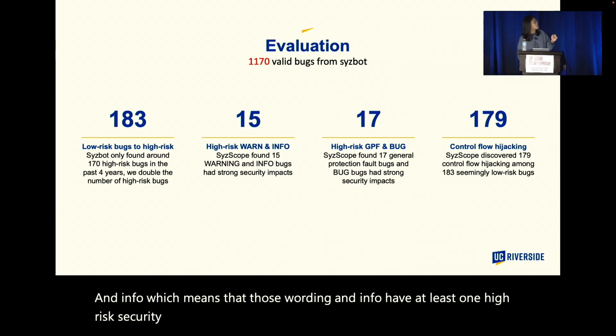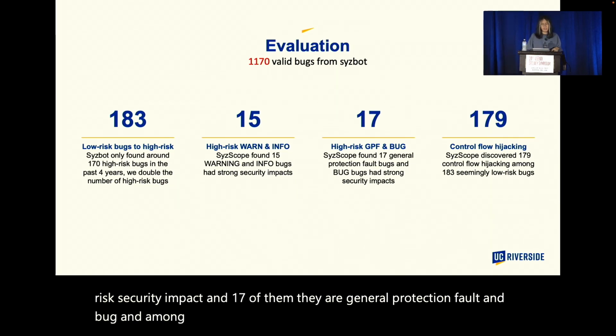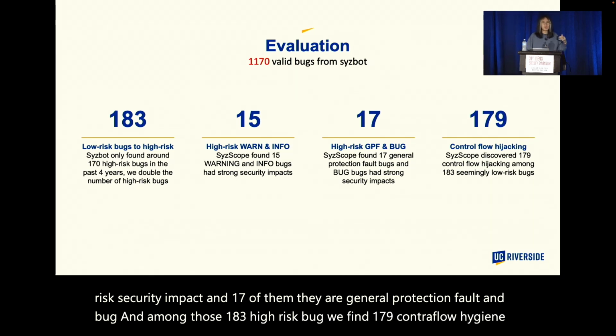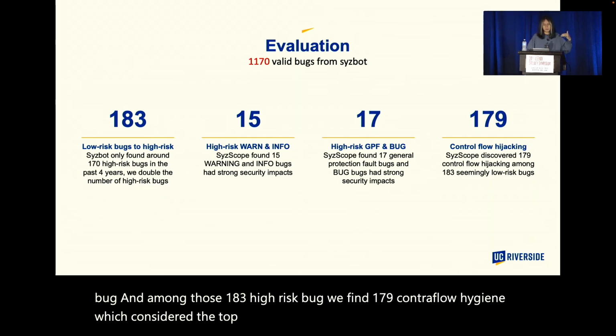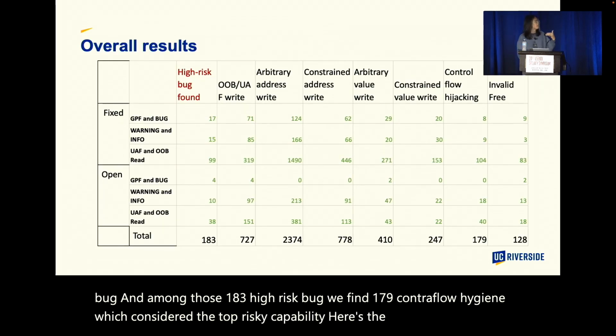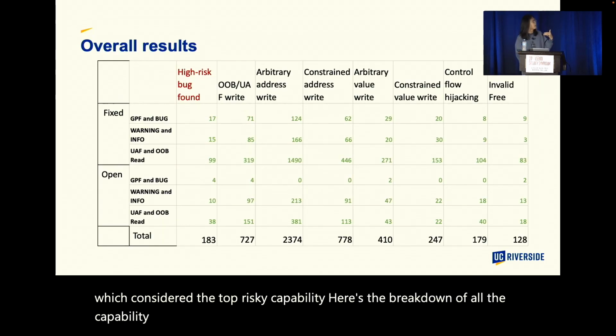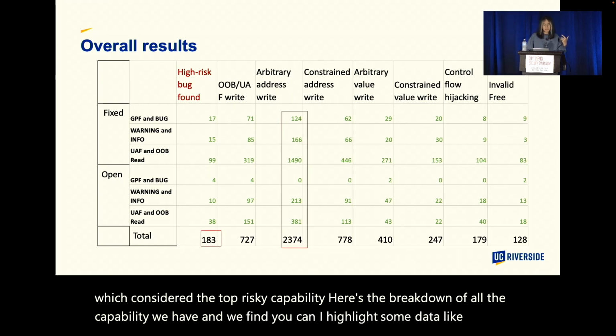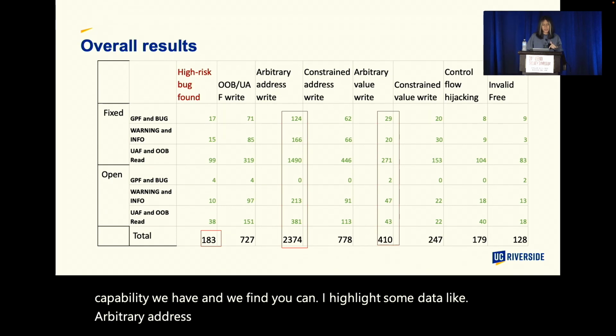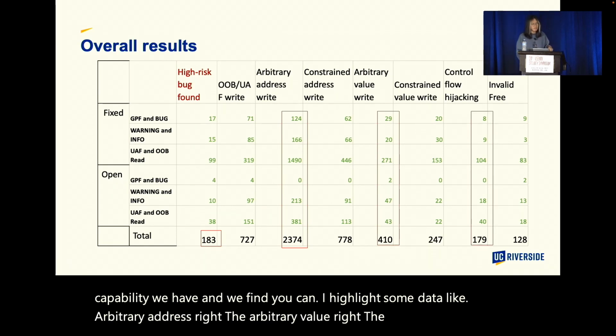And 17 of them are general protection fault and bug. Among those 183 high-risk bugs, we find 179 control flow hijackings, which is considered the top risky capability. Here's the breakdown of all the capabilities we have, and I highlight some data like the arbitrary address write, the arbitrary value write, the control flow hijacking, and the invalid free.